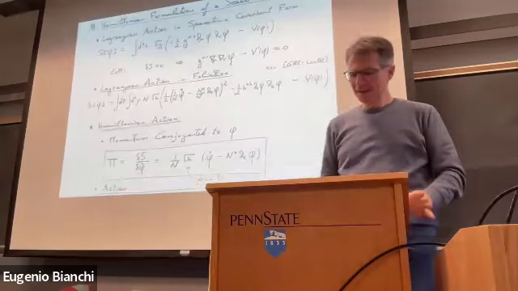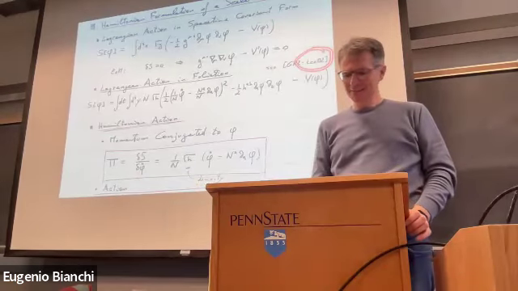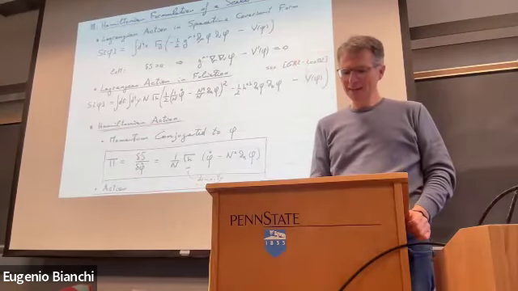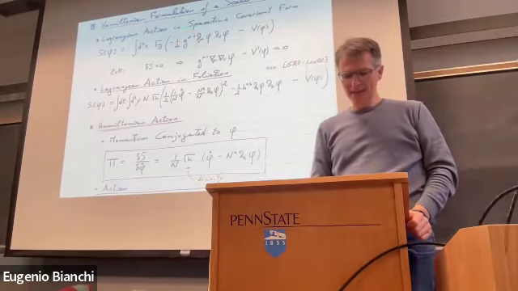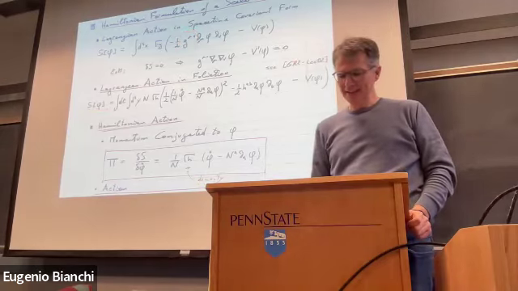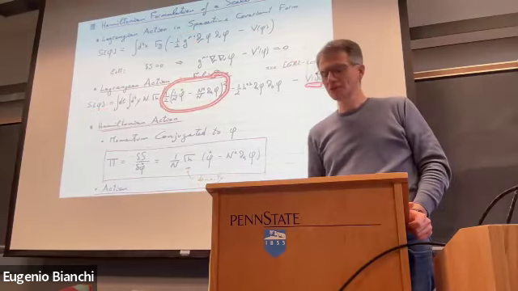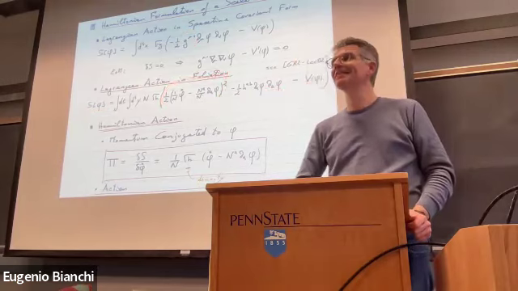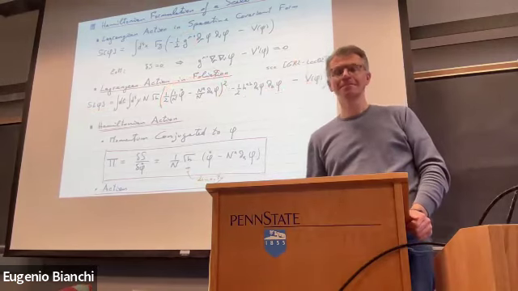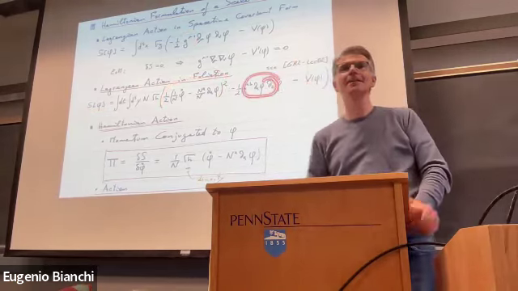So the first step is you take the expression from last time, you plug it in here, and you find that you can write the action for a scalar field as a kinetic term, the usual potential term, and the derivative term that goes with the potential. You can check this is positive definite.